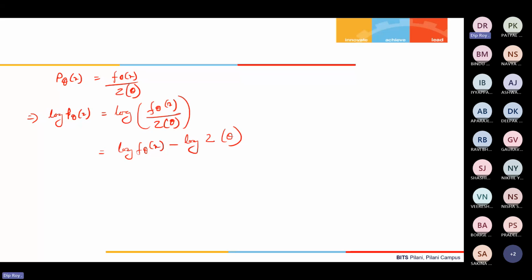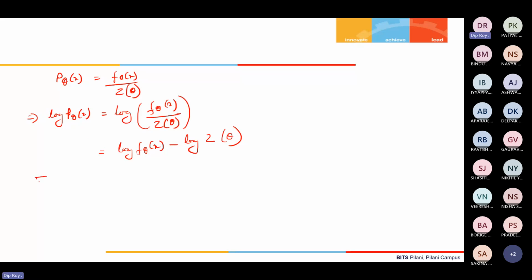It is basically the log likelihood. Now, if we take the derivative of this entire thing with respect to x, what is going to happen?